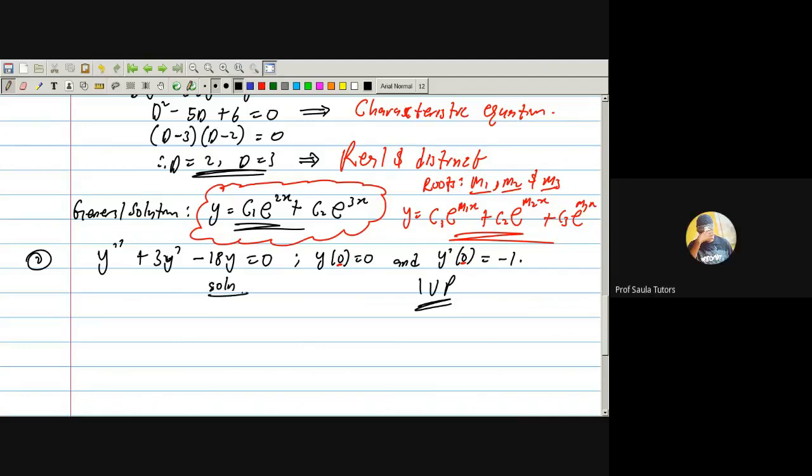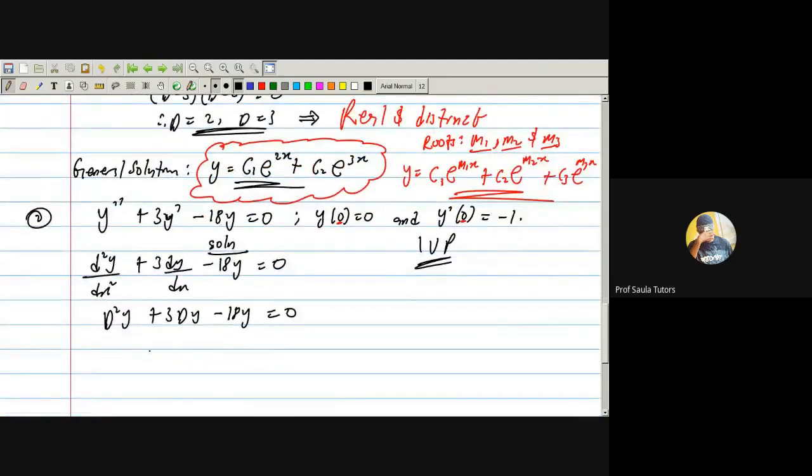Remember, if this notation is confusing you, you can write it as d squared y by dx squared plus 3 dy by dx minus 18y equal to 0. So using the operator, I have D squared y plus 3 Dy minus 18y equal to 0. Divide through by y. What do you have?